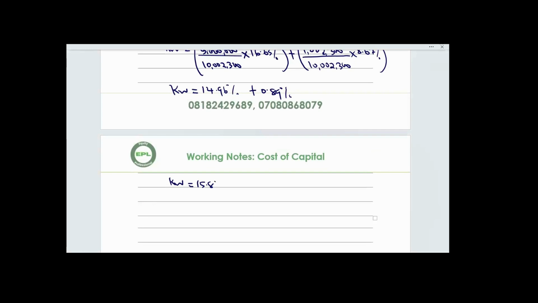Is it 0.86 or 0.85? Let me check. I got 0.82. 15.85. So the WACC is approximately 16%. Okay, the WACC of equity PLC is approximately 16%.